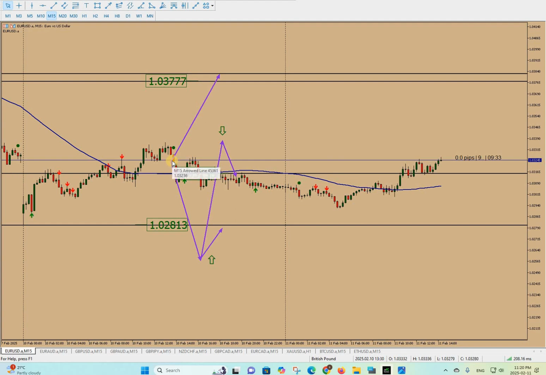The price was here, and still this is valid, and these levels are still valid. We need to see the price, which is here right now, coming down past this level, these two levels, coming to our buying zone, this area.